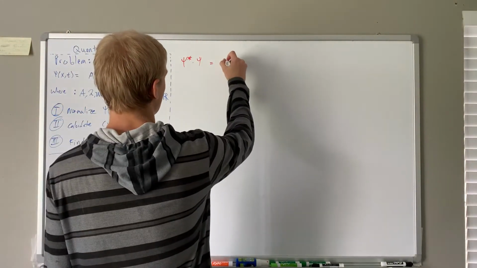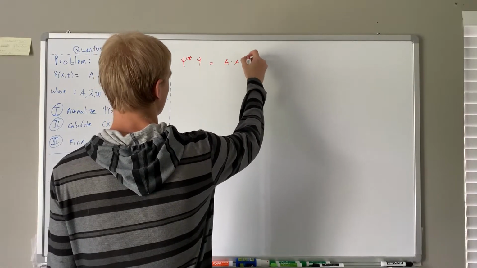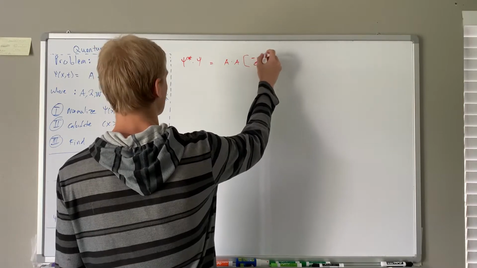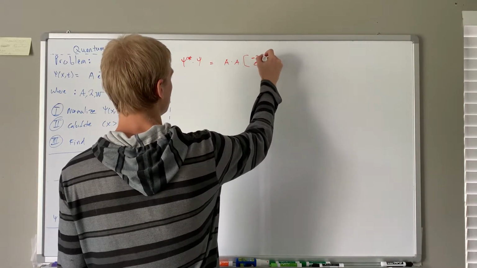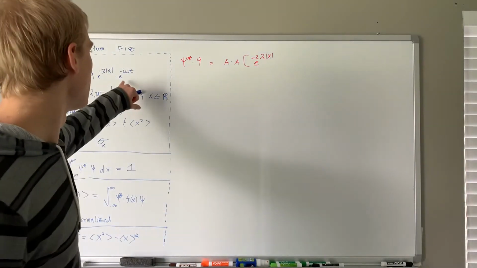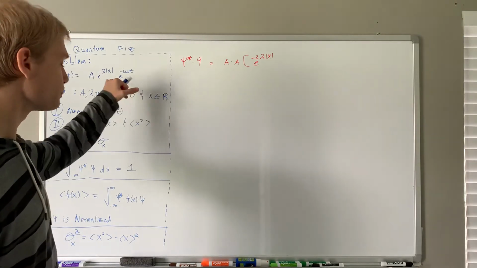So you're going to get an A times an A, and then this thing is going to become e to the 2 lambda absolute value of x, and then you're going to add the conjugate.